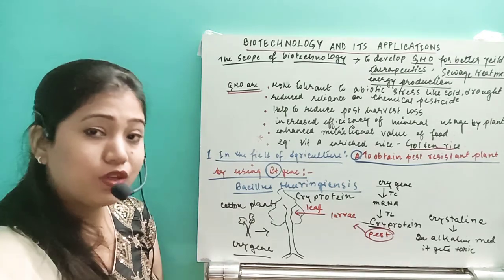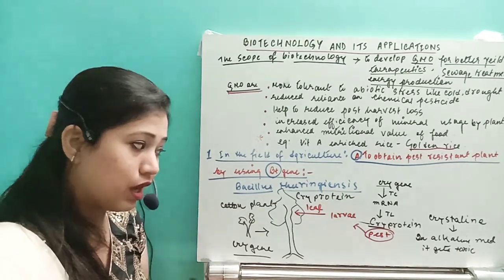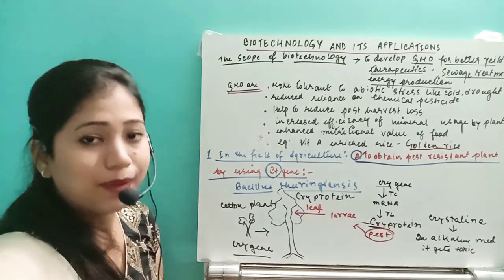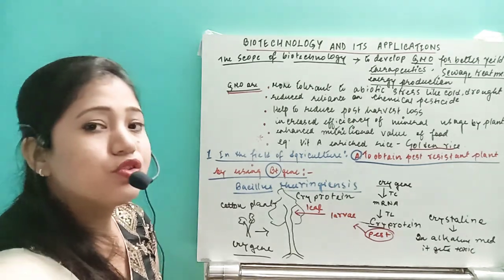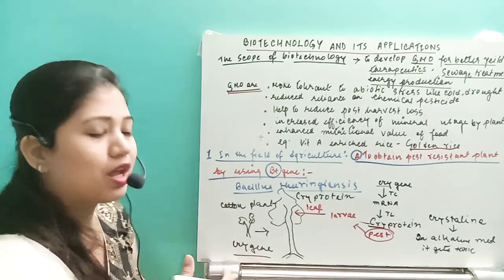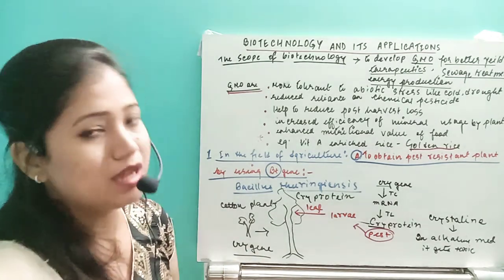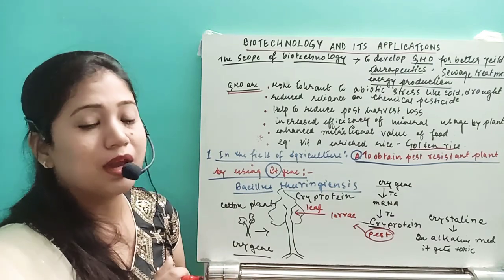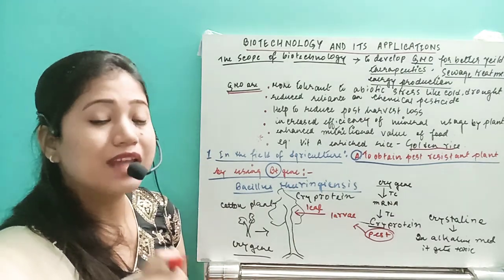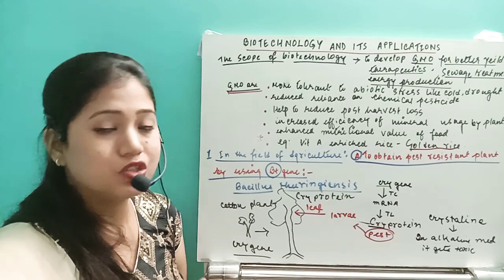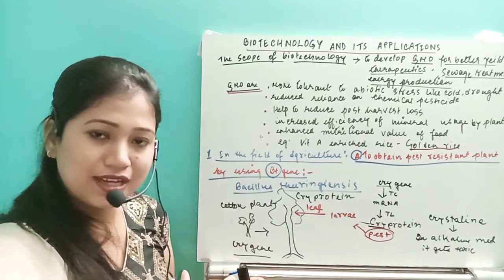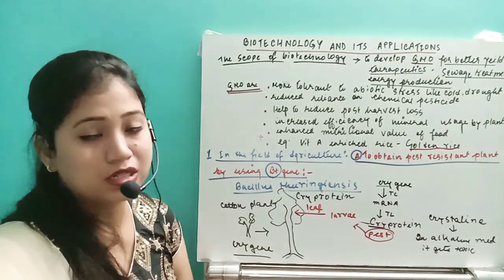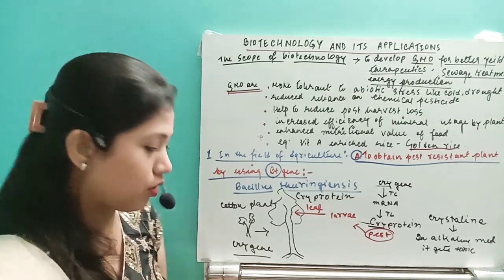Okay, and we know that in animals, we have bile in our intestine, so the arthropods also have an alkaline medium in their intestine. So in that alkaline medium, this cry protein dissolves. That means from the crystalline state, it gets liquefied, it gets dissolved.